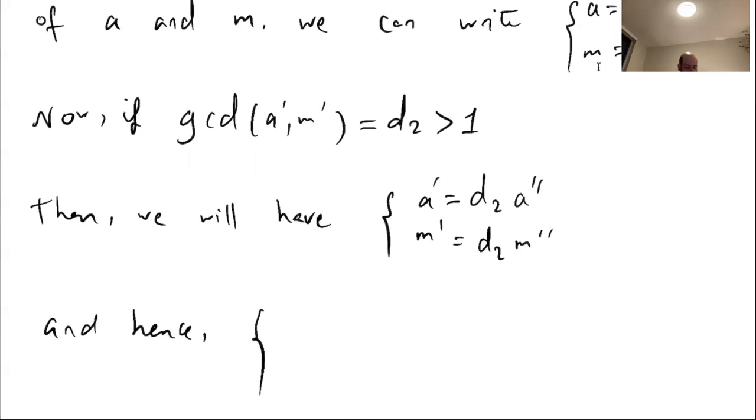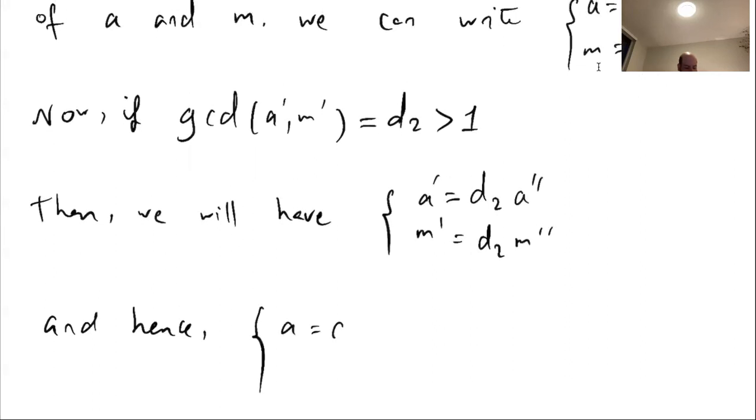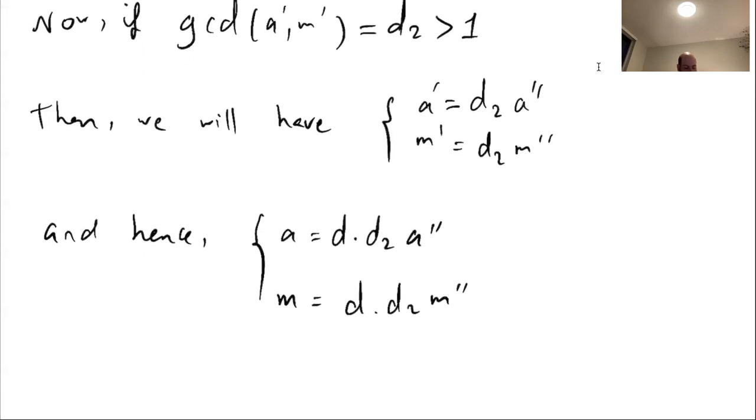We're going to get A equals D times D2 times A double prime. M equals D times D2 times M double prime. And D times D2 is bigger than D2, right?